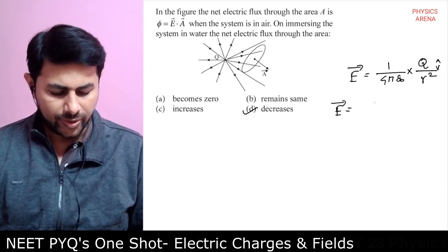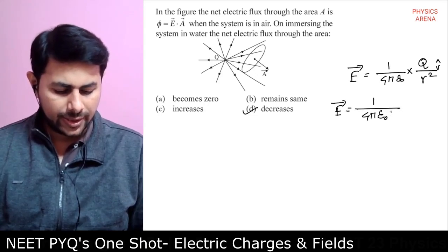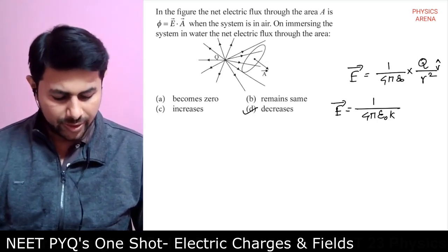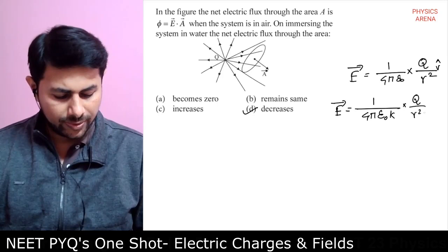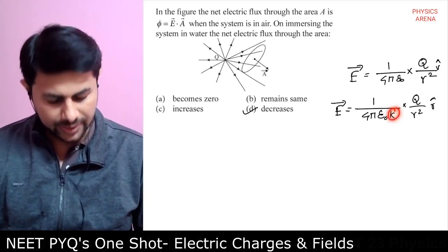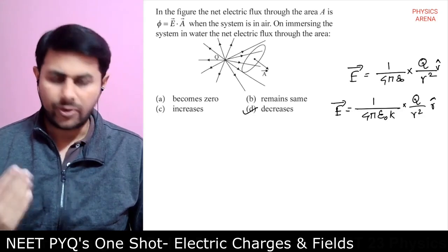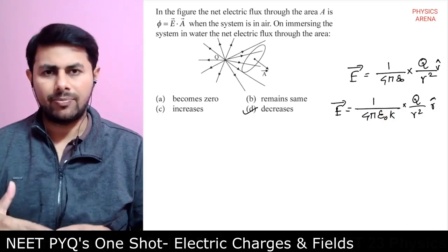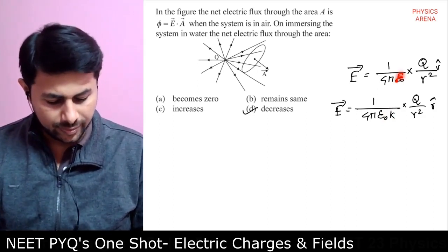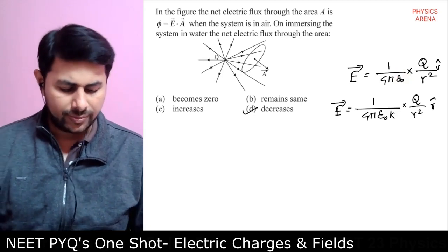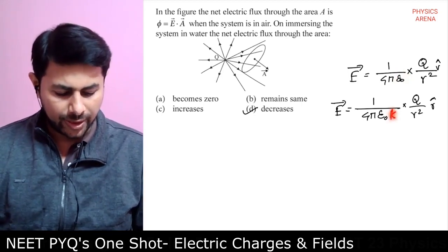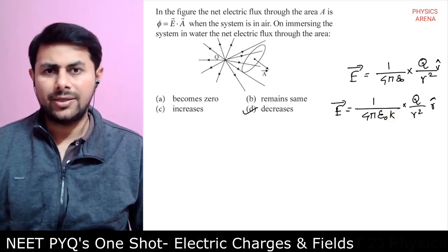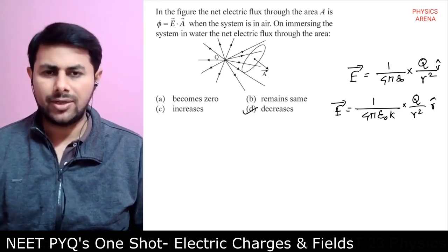Electric field in water would be what? 1 upon 4 pi epsilon naught K, which is equal to 1 upon 4 pi epsilon naught K. The dielectric constant of water is K. For all other media, the dielectric constant is more compared to that of air. For air it is almost 1, for other media it is greater than 1. So the electric field in other media decreases, and that's why flux will decrease.